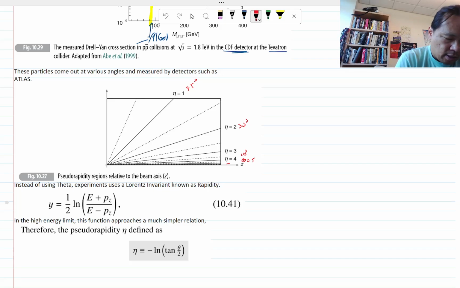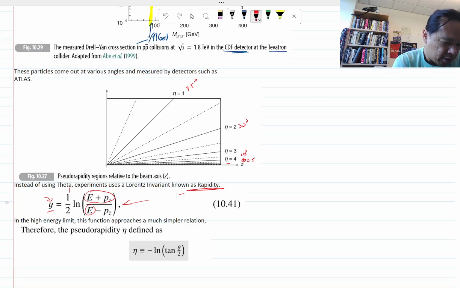A Lorentz invariant quantity is known as rapidity. It's defined with this y, which is 1/2 the natural log of the energy plus pz of whatever particle is coming out, divided by the energy minus pz of the particle coming out. This is Lorentz invariant.